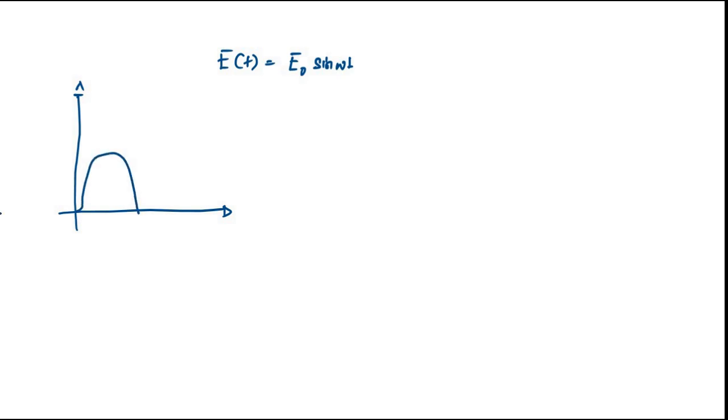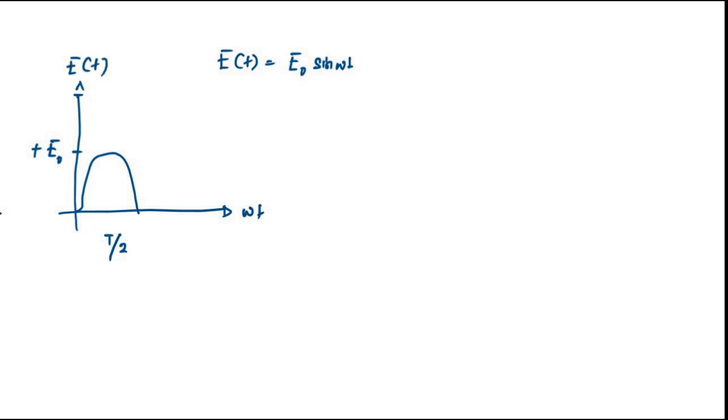Let us say we have an alternating voltage like this, E(t) equal to E0 sin omega t. We only take one half cycle of T by 2 duration, up to plus E0.